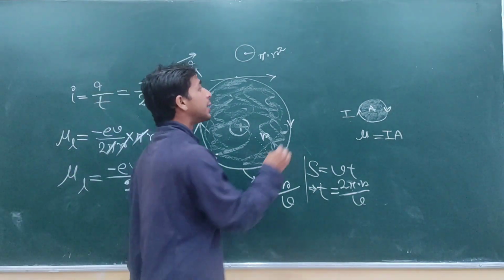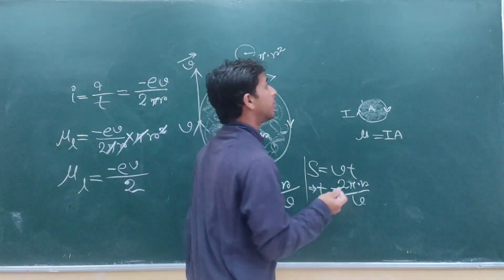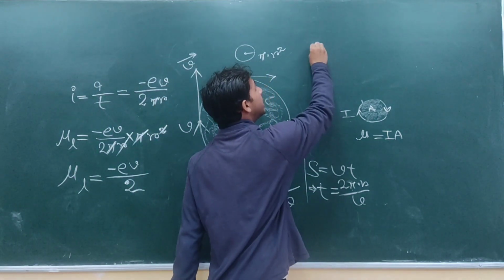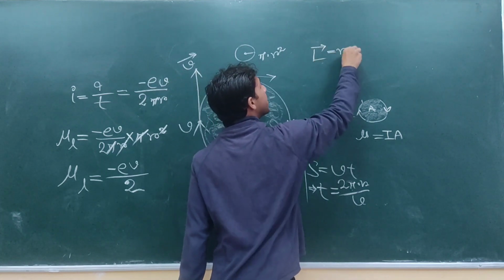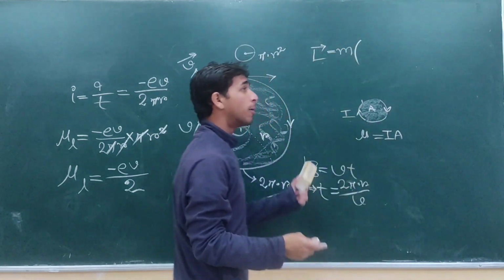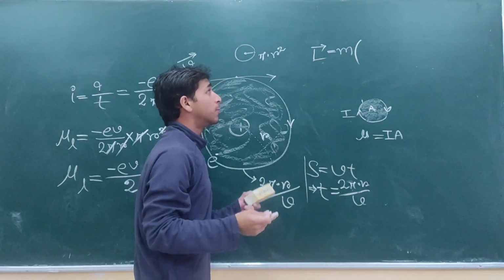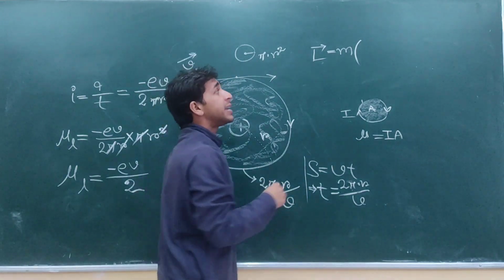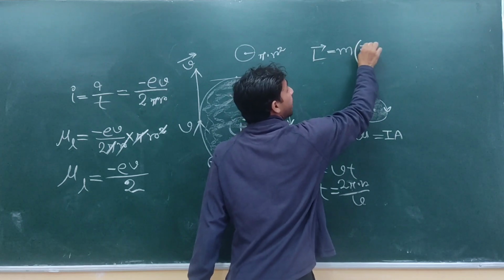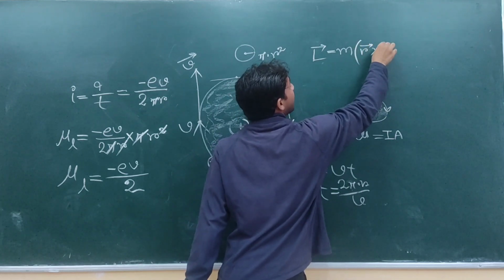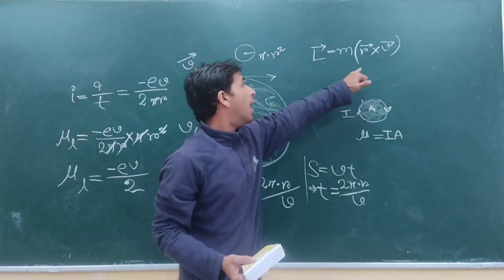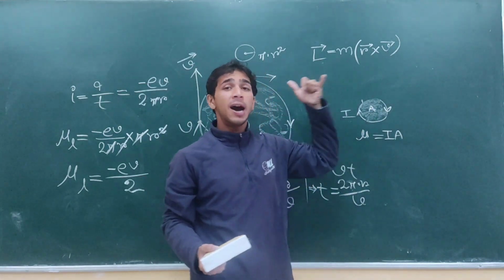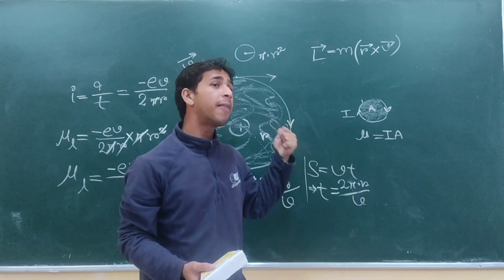Now if you remember the formula in circular motion for orbital angular momentum, that is capital L equals small m, the mass of that object which revolves around some circle, times r times v. We consider the r vector and v vector to be at 90 degrees to each other.